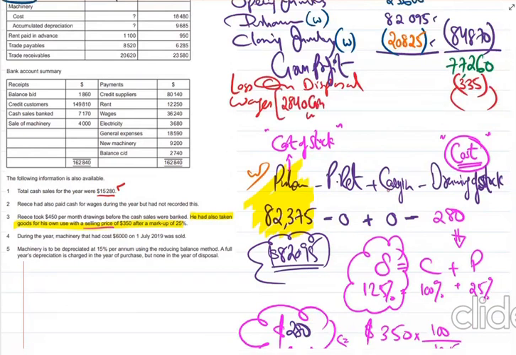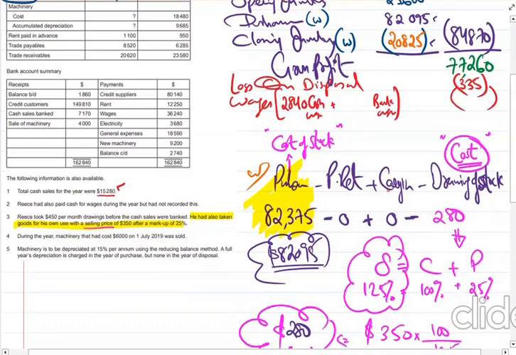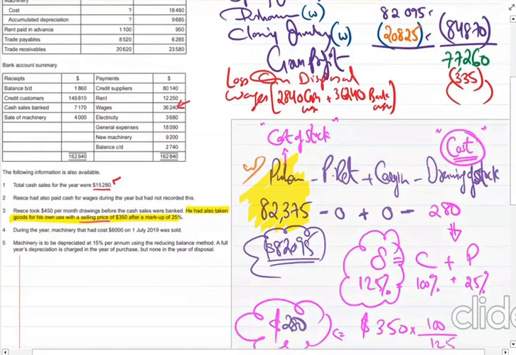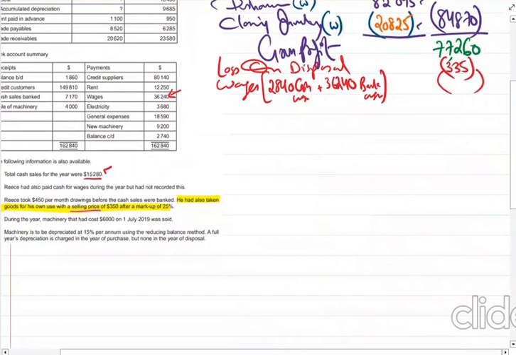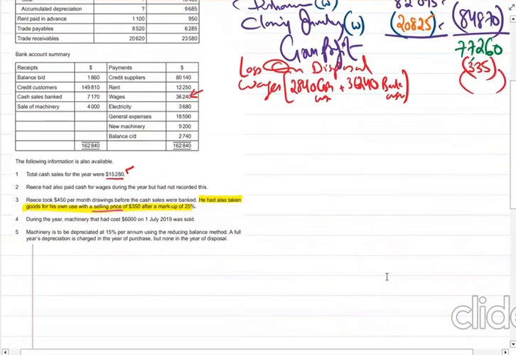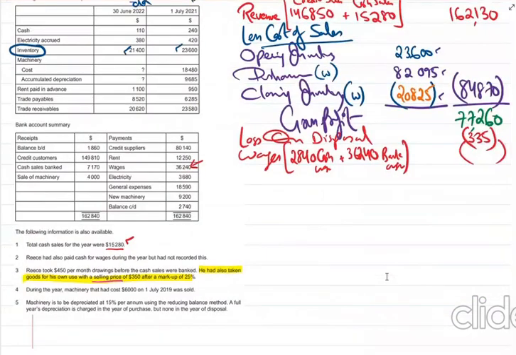Yeah, and then we add the credit wages, wages from bank, 36240. Correct? It's given now. So what is the answer? 39080. Very good.